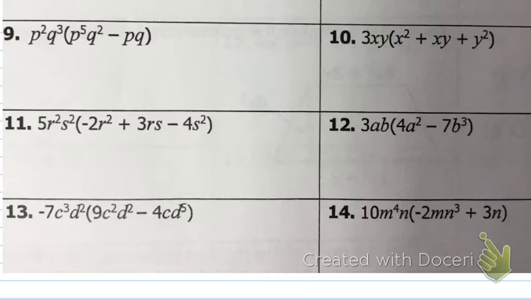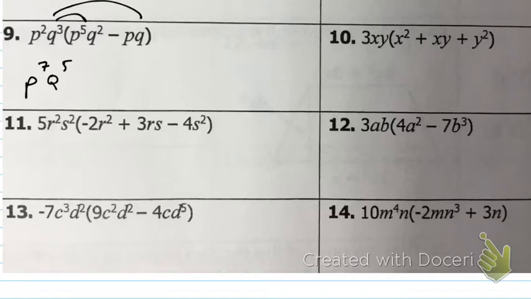I want to look at number 9 with you. It looks different, right? There are more letters. No new concept here. When I multiply, I can multiply in any order I want. So I'm going to multiply the p's by the p's. P times p times p times p times p times p times p is p to the 7th. And q times q times q times q times q is q to the 5th. You see what I'm saying? It looks crazy because there's a bunch of letters, but nothing too crazy.